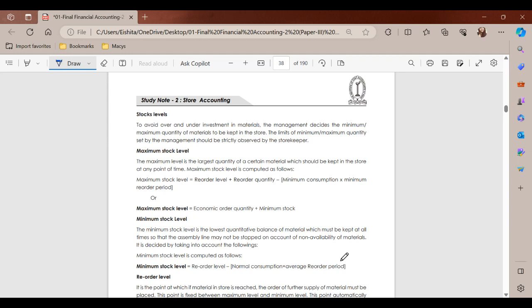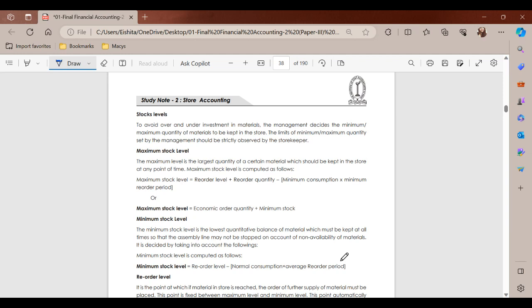You will incur the cost which is called carrying cost. For example, to maintain the stock you need an AC. For maintaining the stock, you need a running AC. For maintaining the stock, you also need a big warehouse. These are called carrying cost.